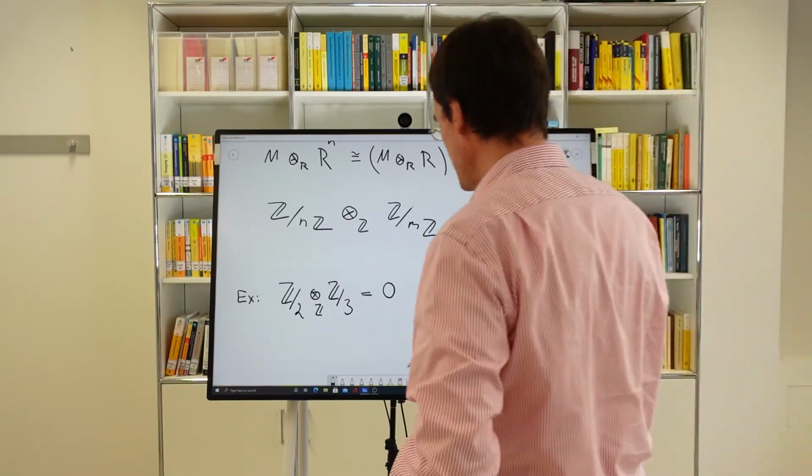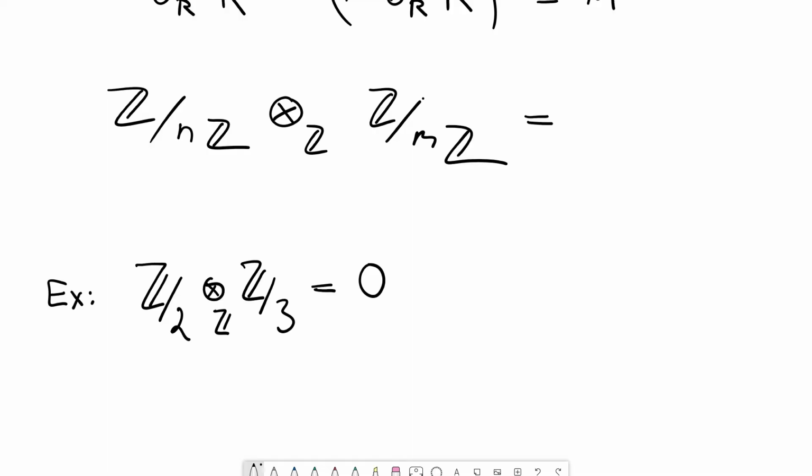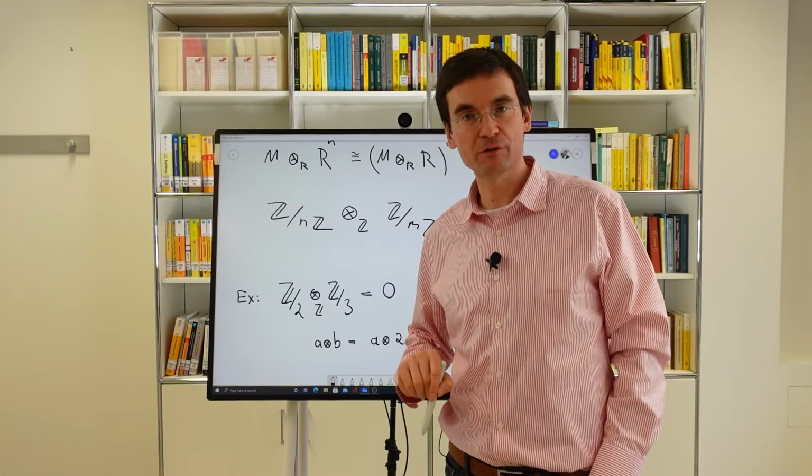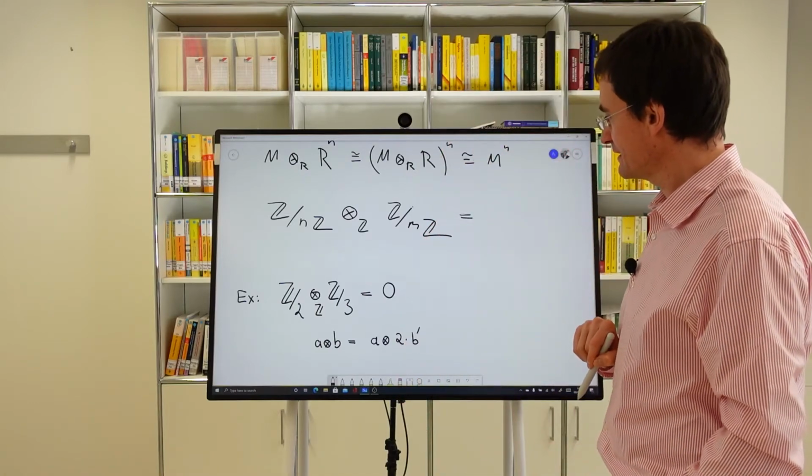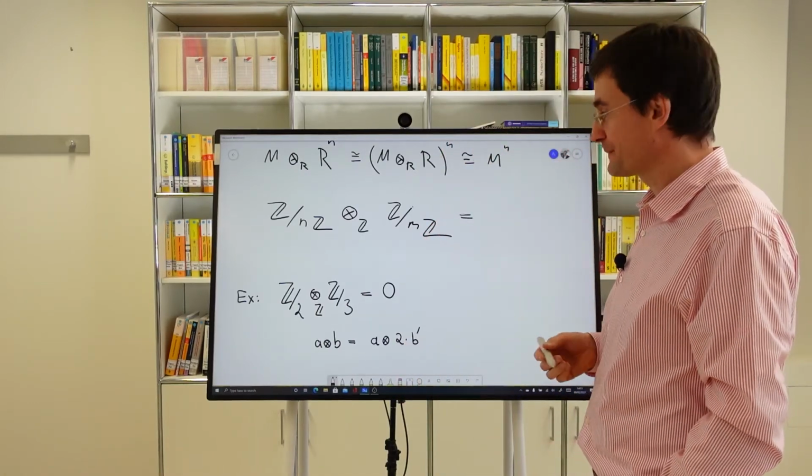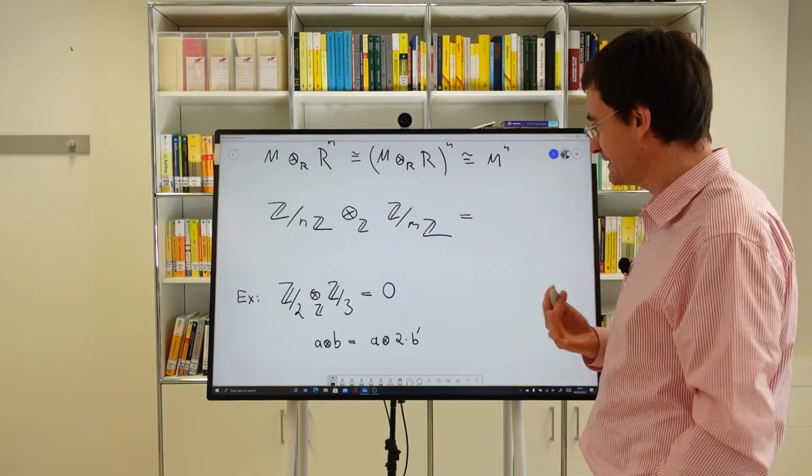But if you have an elementary tensor a tensor b, then it happens that you can write this as a tensor 2 times b'. And why is that? Well, because 2 as an element in the ring Z/3 is invertible.